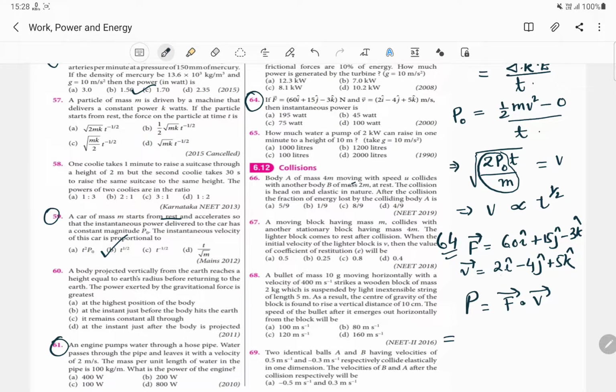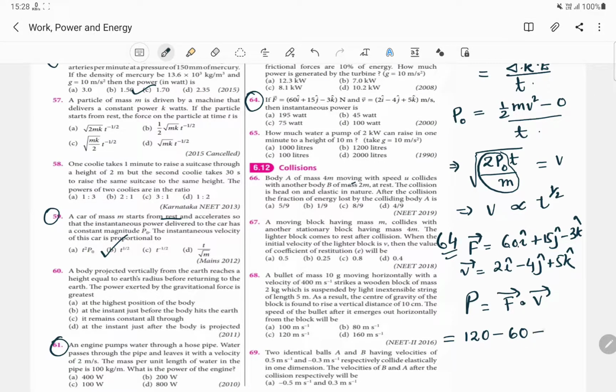Here 60 must be multiplied with 2, i with i, j with j. So 60 into 2 will be 120. Minus, why do we take minus? Because j cap is positive in the F vector and negative in the v vector, so 15 into minus 4 produces minus 60.